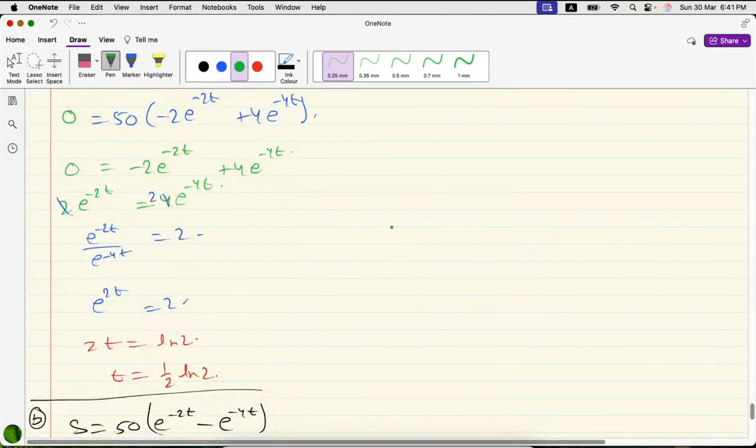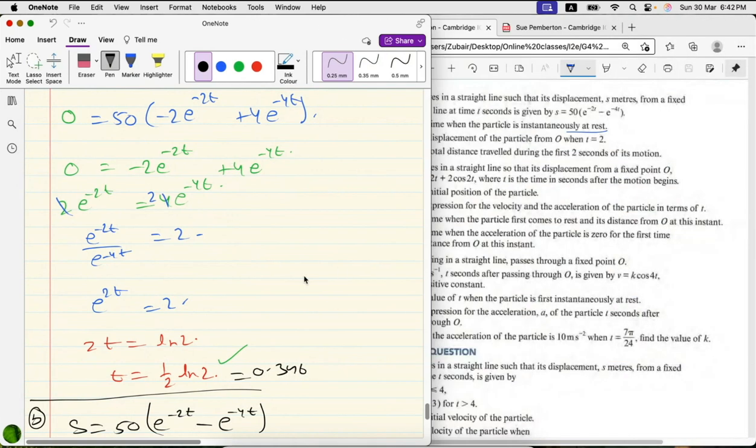This is the equation of velocity: 50 times minus 2 e raised to minus 2t plus 4 e raised to minus 4t. That's already done, when the velocity is 0. So let's just check what this value is. That's 1 by 2 ln 2, and that is 0.346. So it does turn.